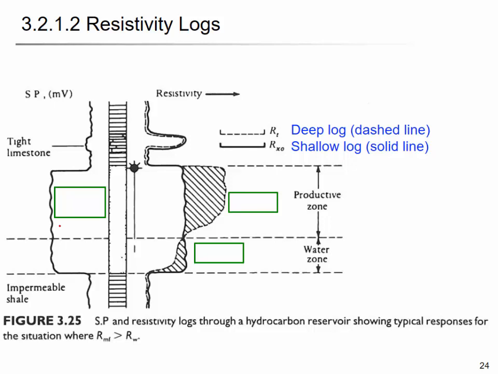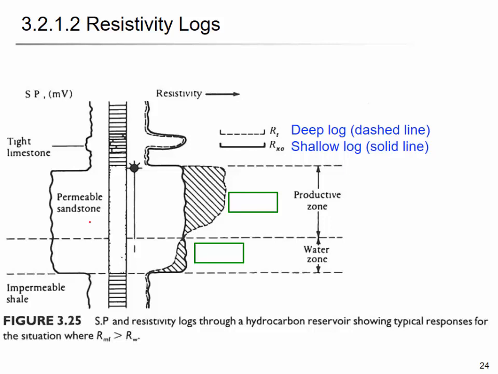Then in this region, what do you have? From here to here, you have a permeable bed, which has a high permeability, right? And then when it ends, we go back to the baseline value. So let's see. You have a permeable sandstone. You can identify the thickness of the permeable sandstone from the SP.